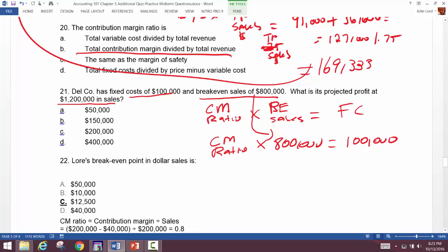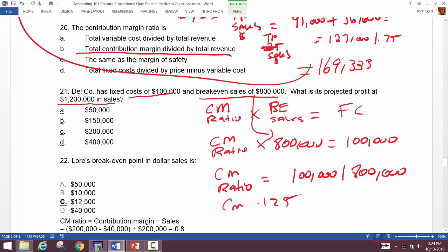So why don't I get the contribution margin ratio by taking the 100,000 and dividing it by 800,000.